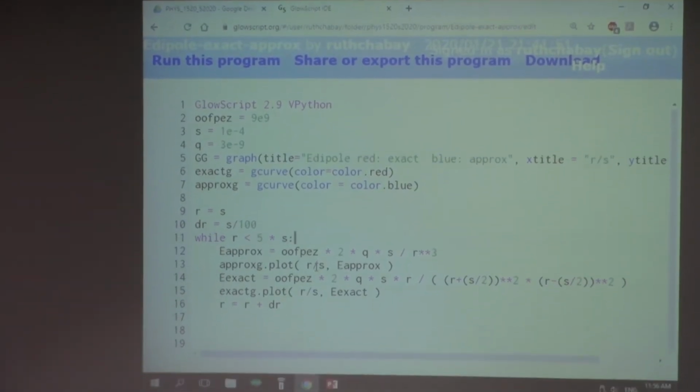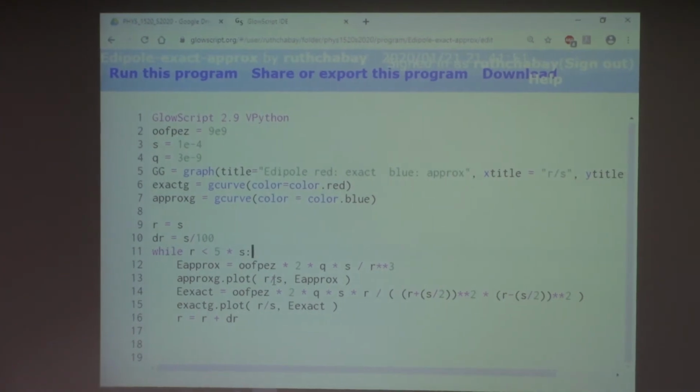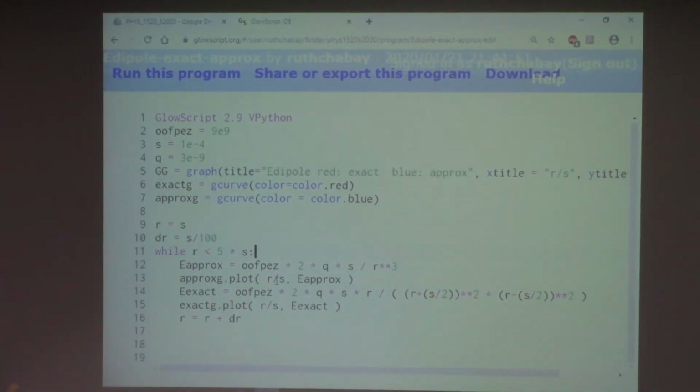It calculates the approximate field of a dipole, the magnitude, so that's 1 over 4 pi epsilon 0 times 2qs over r cubed. And then it uses this exact equation here, with s over 2 squared and r cubed. And it just plots both of them as a function of r.